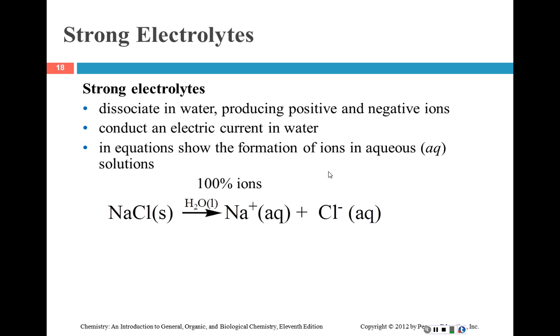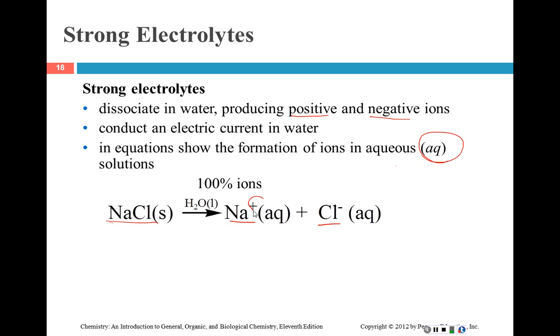So when you dissociate a strong electrolyte, you're going to basically separate it into the positive and the negative ions. And so since you've done this, we call this an aqueous solution. And so you formed the sodium and the chlorine.